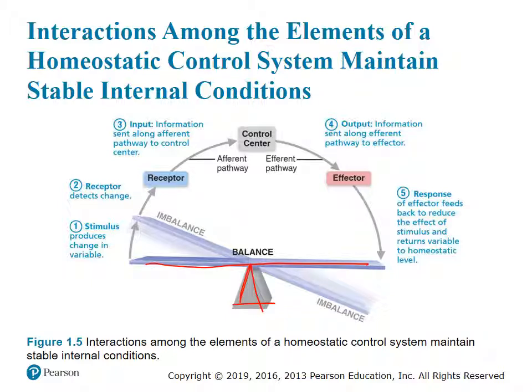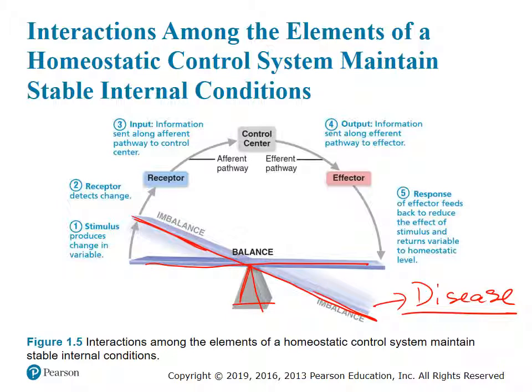But sometimes the balancing beam stays at this level and doesn't move from there over time. And in that regard, that is usually a sign of a disease. Does that make sense?